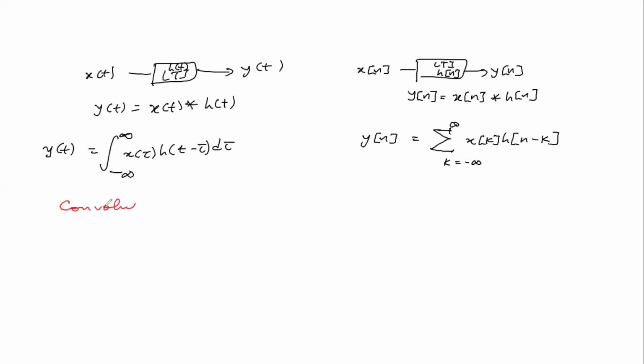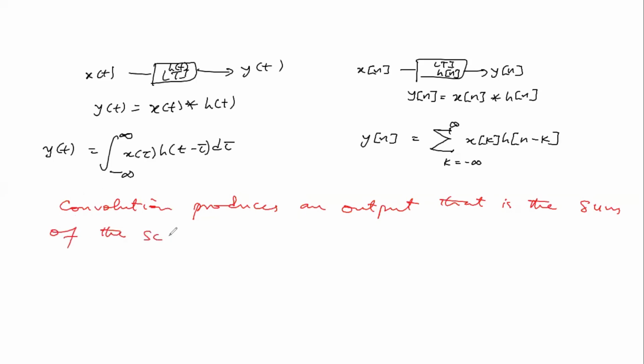Convolution produces an output that is the sum of the scaled and shifted impulse responses.